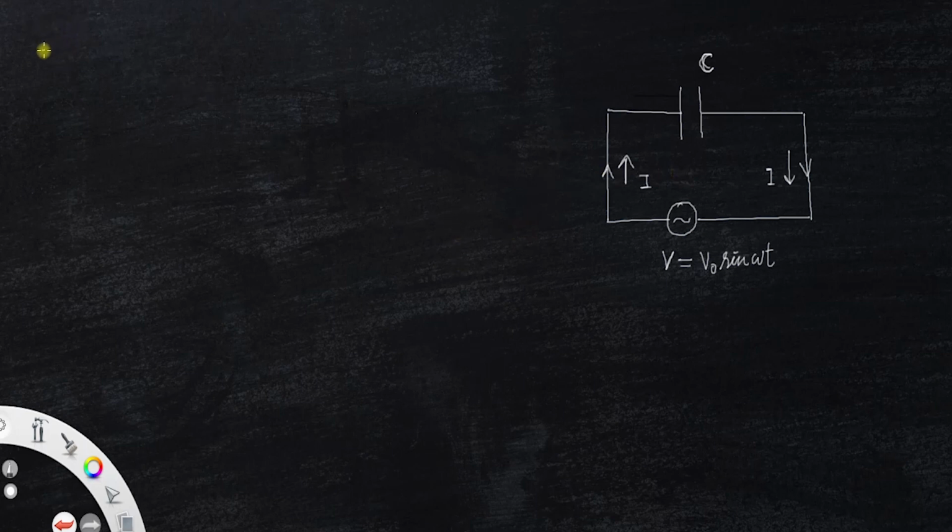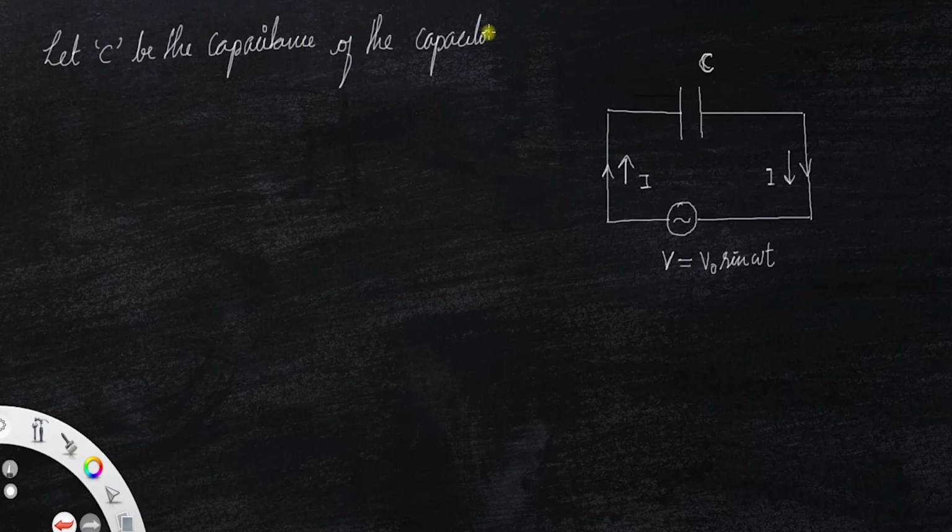So let C be the capacitance of the capacitor. Then we have the charge accumulated at any instant.